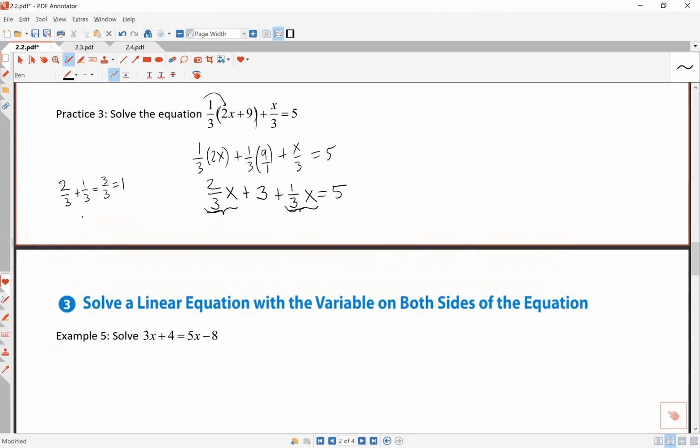And so if you put an x on those, you're just left with 1x. And remember, we like it to just say x. So we subtract 3 from both sides, and that says x is equal to 2.